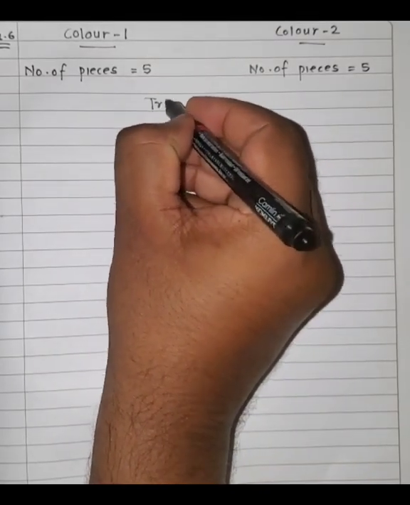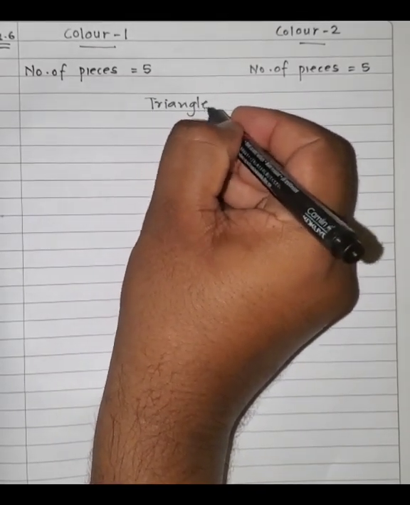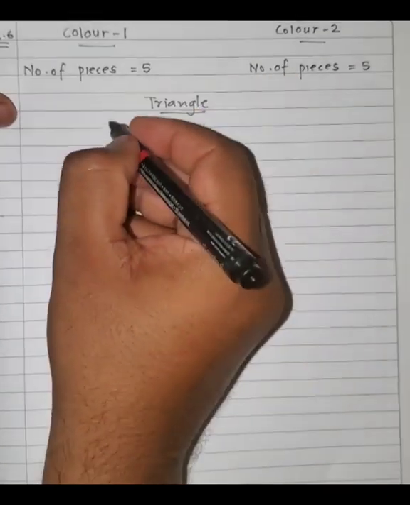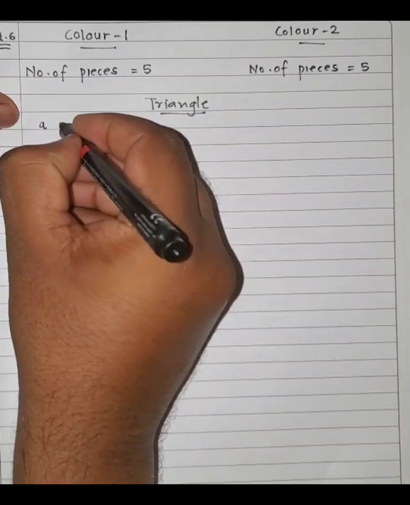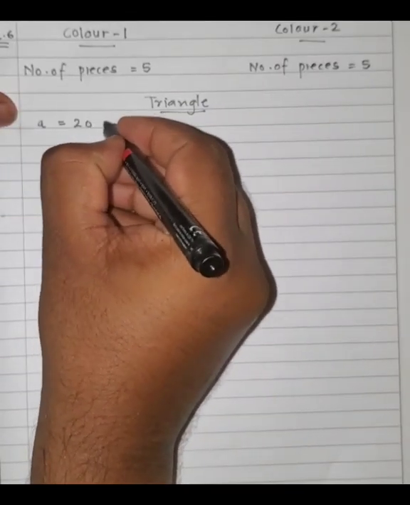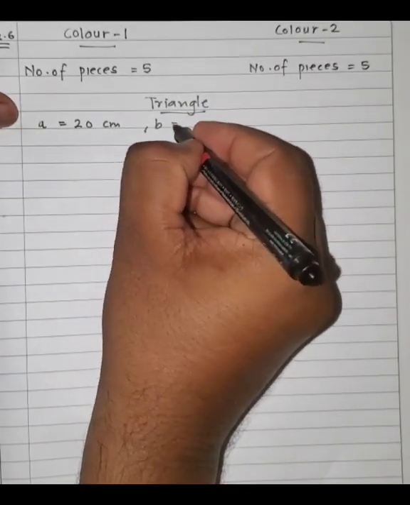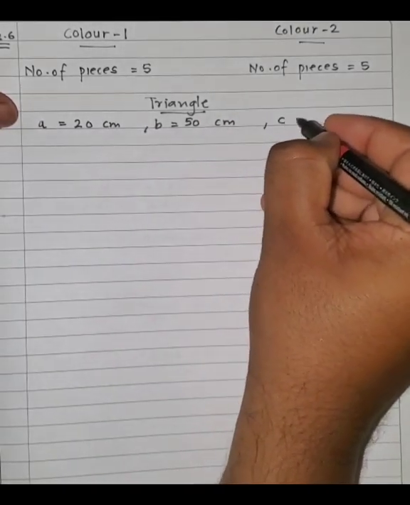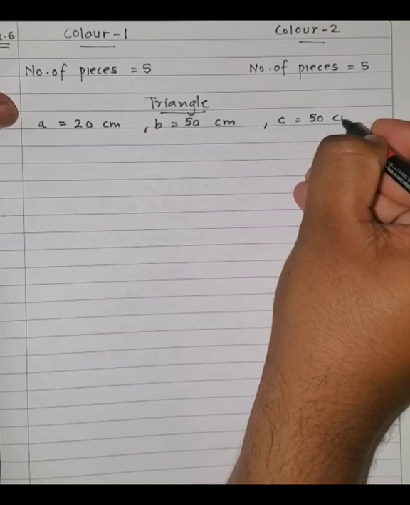So they are triangular in shape, and it has been given that the sides of this triangle are 20 centimeter, 50 centimeter, and say the third side is also 50 centimeter.